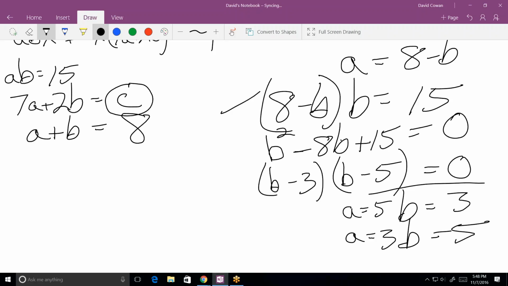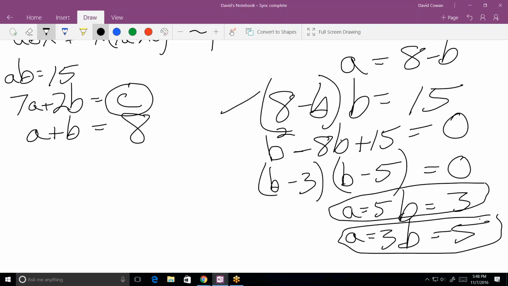In other words, now we can plug these all into this middle equation for c and come up with 2 possible values for c. I'm going to use this for one solution and that for another solution, because they're different solutions. Even though it's the same 2 numbers, they're different solutions.